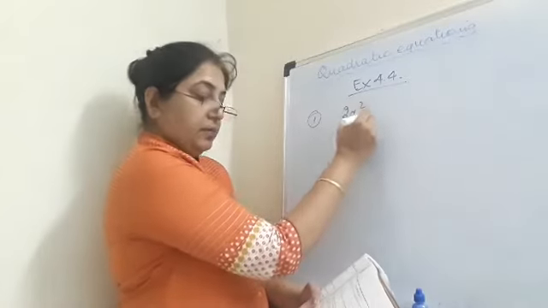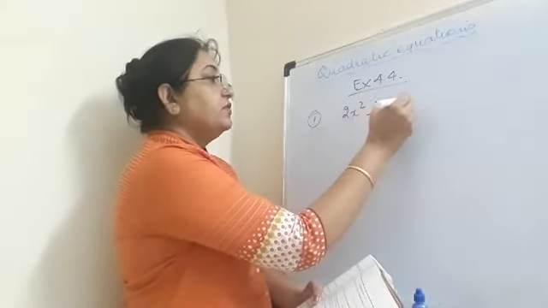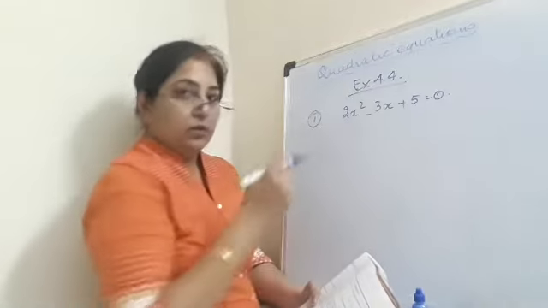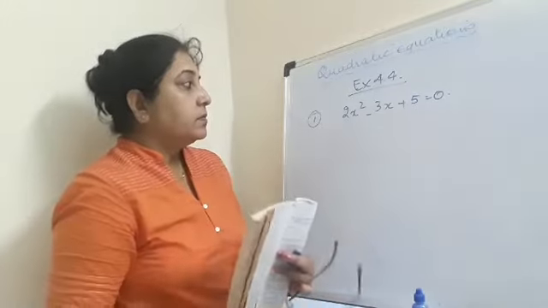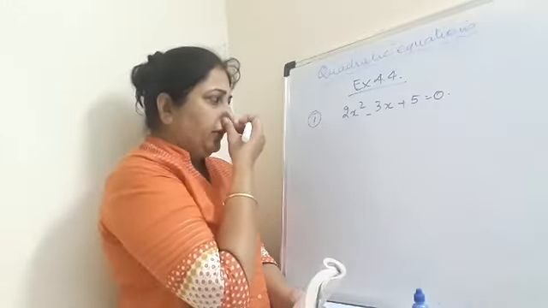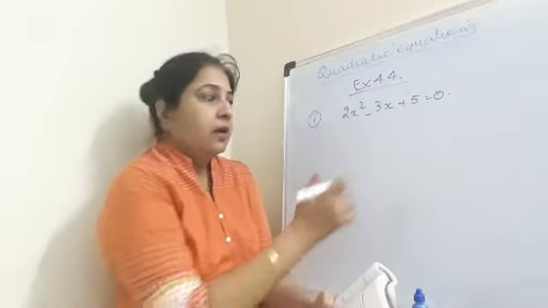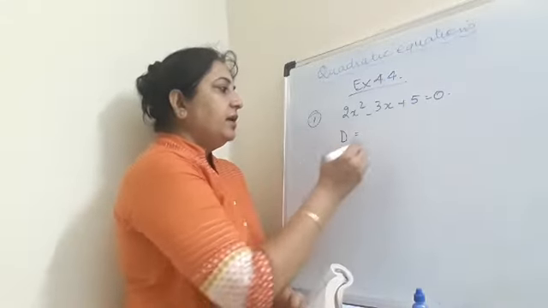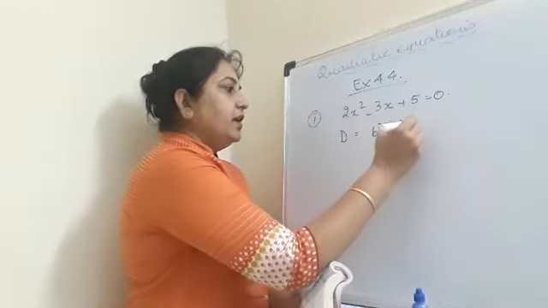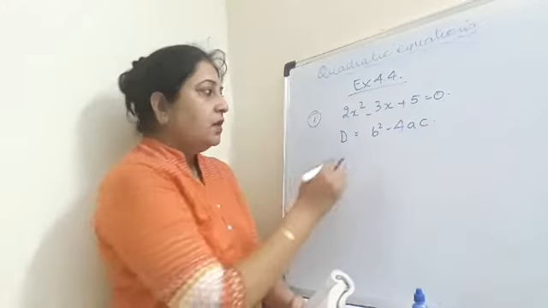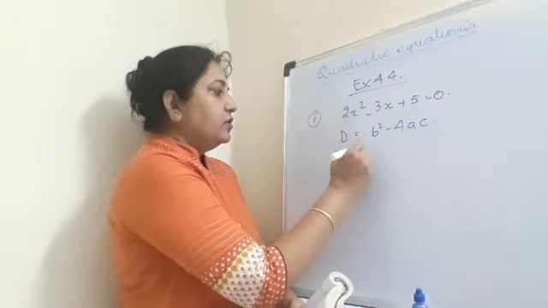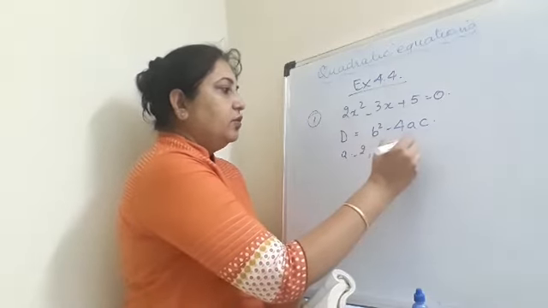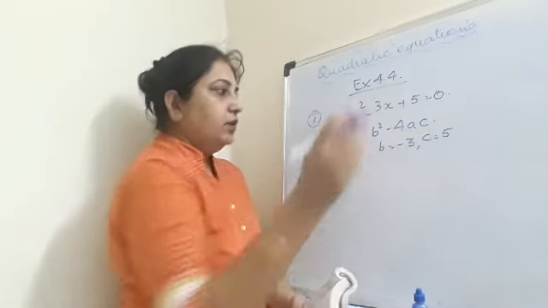2x square minus 3x plus 5 is equal to 0, right? Now we will first find the value of the discriminant. Now this discriminant capital D is given by b square minus 4ac. Over here we take a as 2, b is equal to minus 3, c is equal to 5.